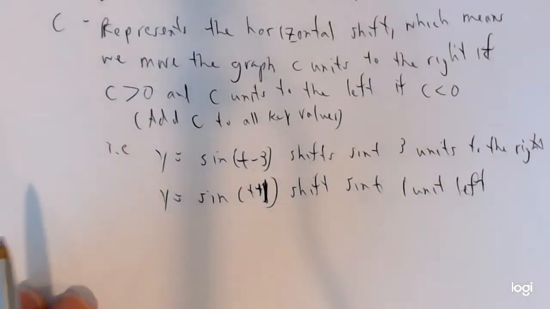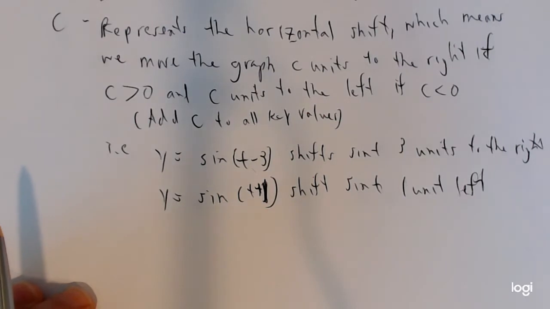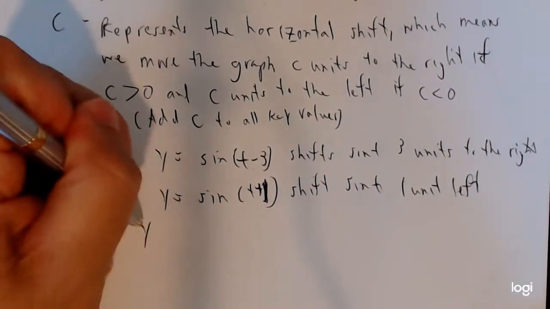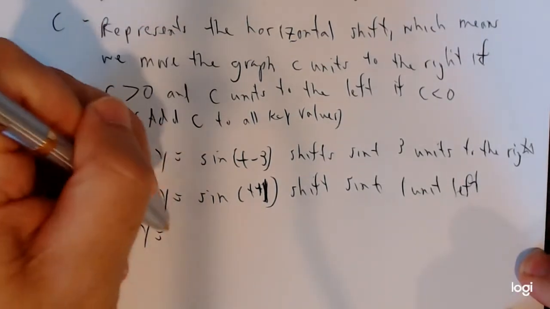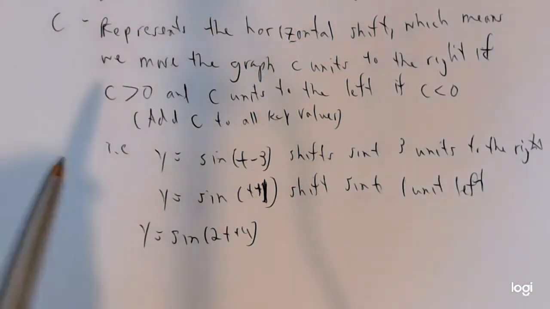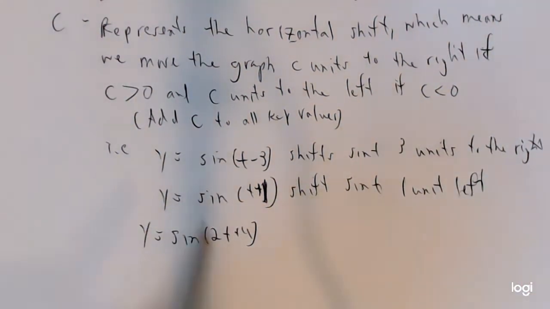And more importantly, the ones we have to be most cautious about are the ones that look like this, sine of 2t plus 4. This is the point I'm trying to make. You might say, hey, this is saying shifted 4 units to the left, but that's not the case, because look at the t, it doesn't have a 1 in front of it.